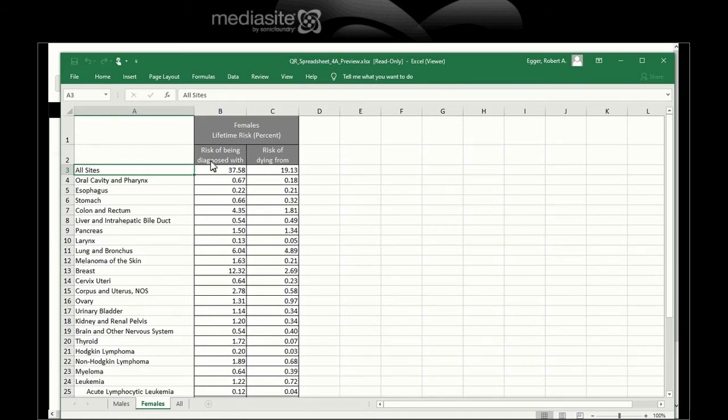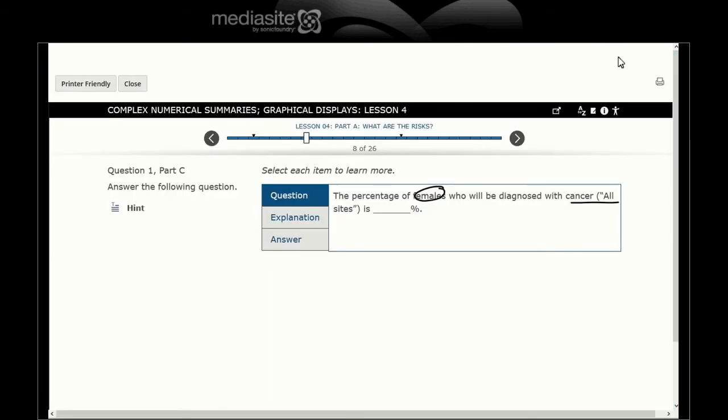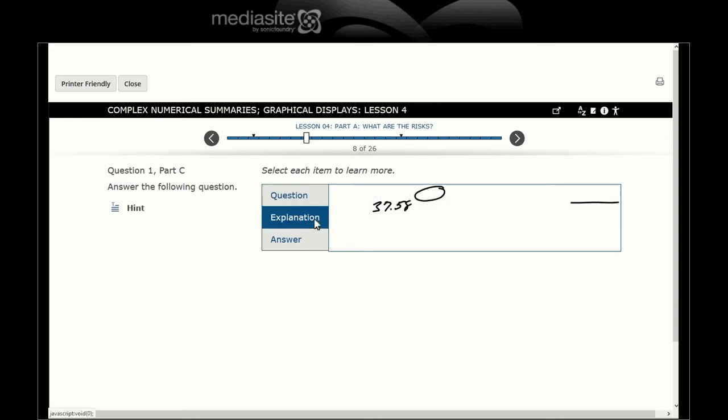Being diagnosed looks like 37.58%. Second tab on the spreadsheet. Yeah, 37.58%. So it's easy to read the tables.